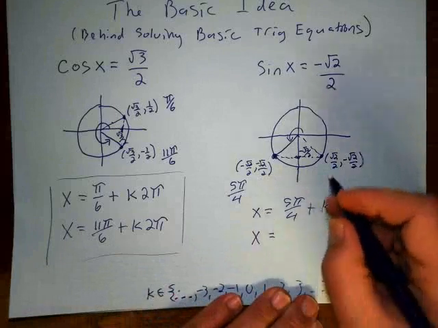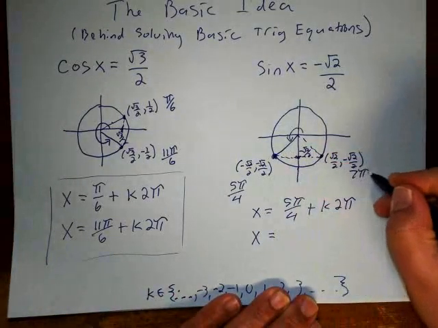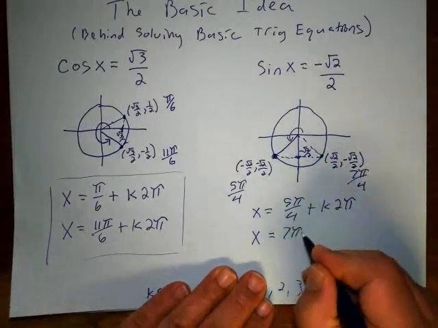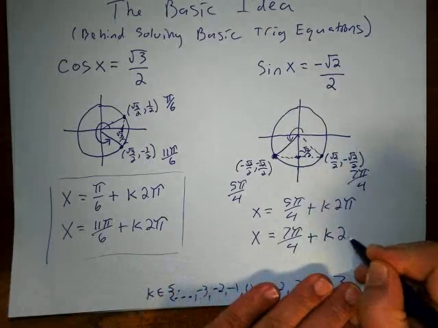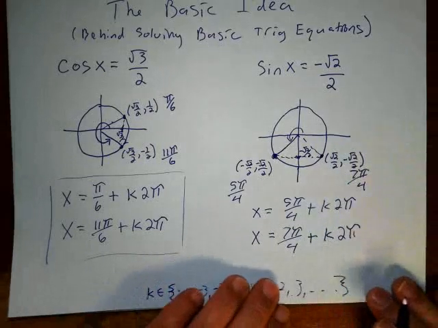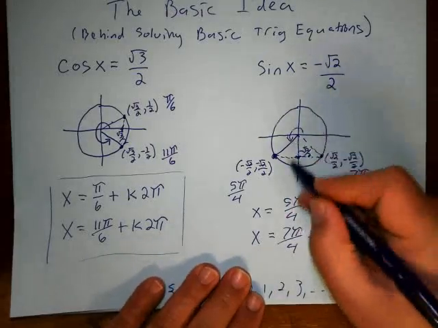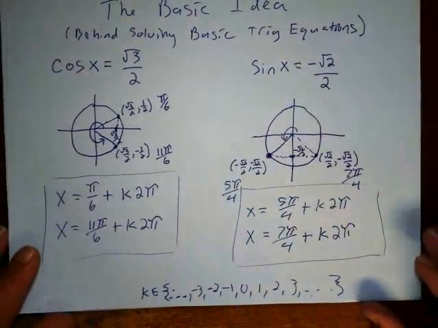This one over here is 7 pi over 4. So this would be 7 pi over 4 plus k times 2 pi, and that's going to give me this one plus all the rotations either way. So that would be the solution set to that.